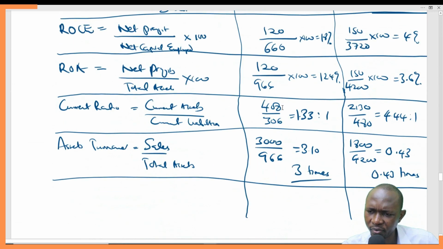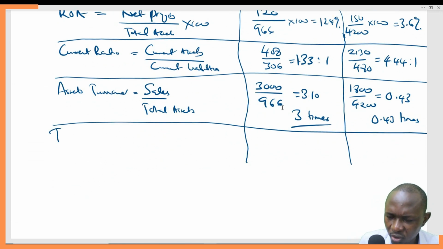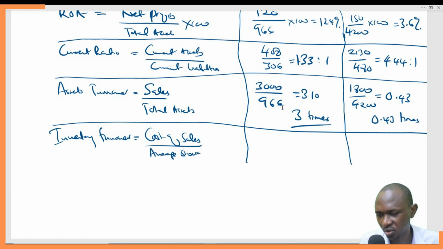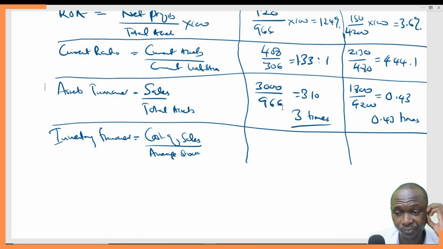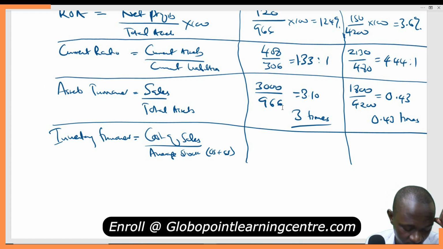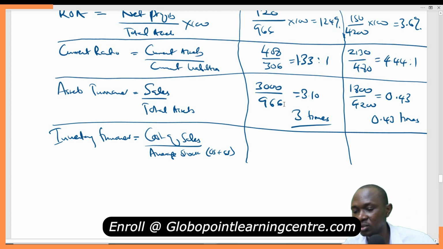inventory turnover. Once you know the formula, it becomes very easy. Inventory turnover is cost of sales over the average stock, and the average stock is basically opening stock plus closing stock.